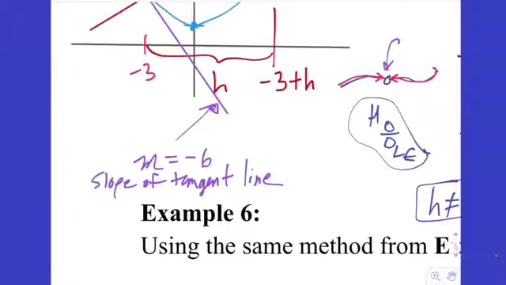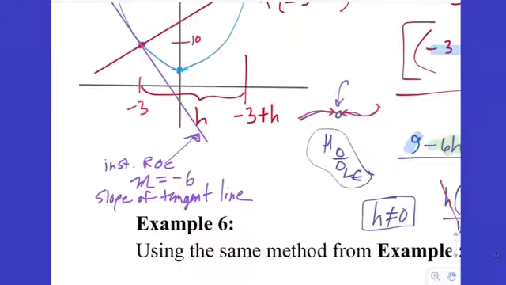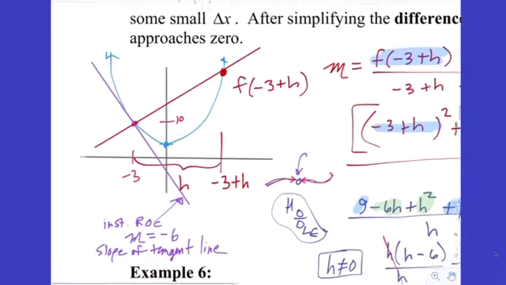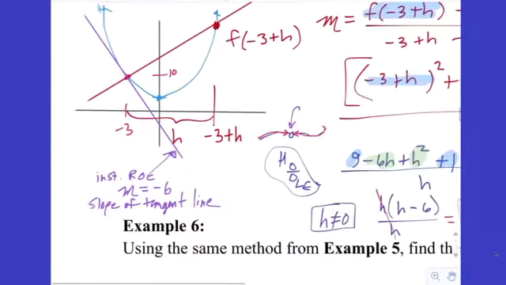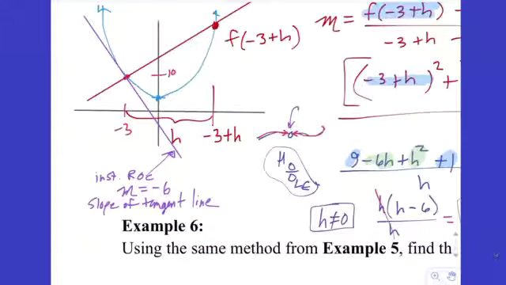So Leibniz found that. Newton also found it, because it's not just the slope of the tangent line, it is the instantaneous rate of change of that function at that moment. So if we were measuring the position of an object at this point along the curve x squared plus 1, we would say its instantaneous velocity at that point is -6.